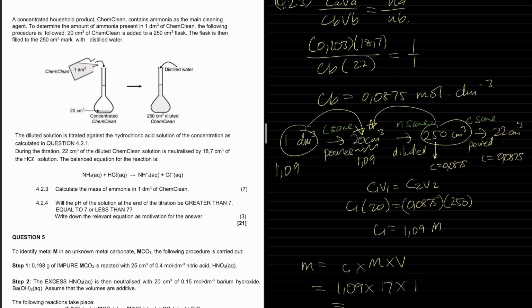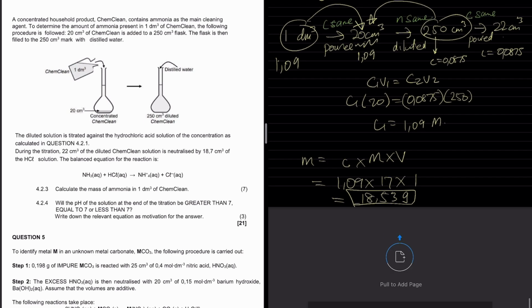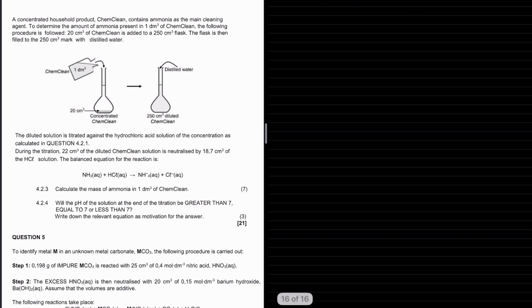And that gives you 18.53 grams. Now the last question: will the pH of the solution at the end of the titration be greater than 7, equal to 7, or less than 7? So what we do is we look at our salt. So you have NH4 and Cl minus.